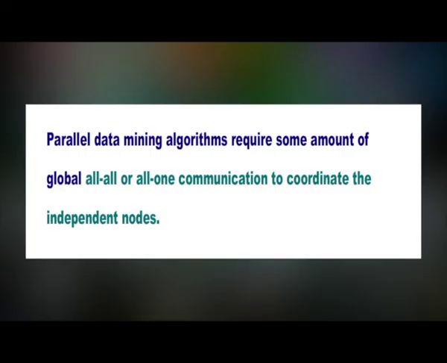Each available node in the networking environment is assigned a subset of the database records and computes independently on that subset, usually using a variation on the sequential Apriori algorithm.